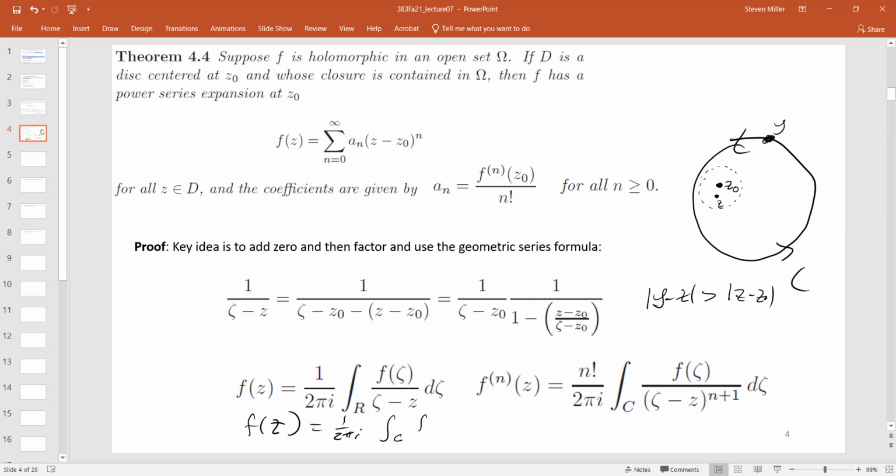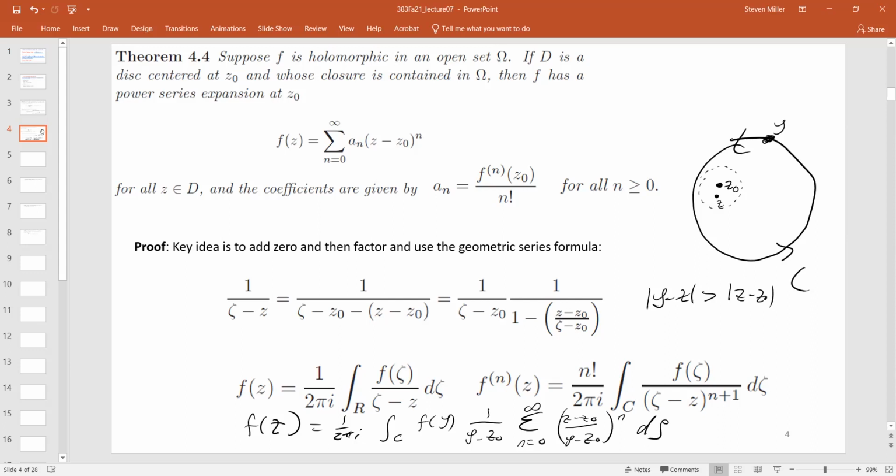Then we have f of zeta, and then the 1 over zeta minus z becomes a 1 over zeta minus z naught, then we have a sum, n goes from 0 to infinity of z minus z naught over zeta minus z naught to the n d zeta. And that's what we get from just using the geometric series expansion.